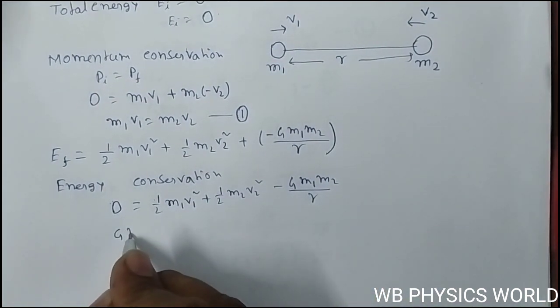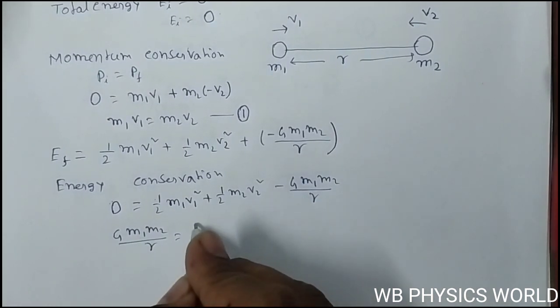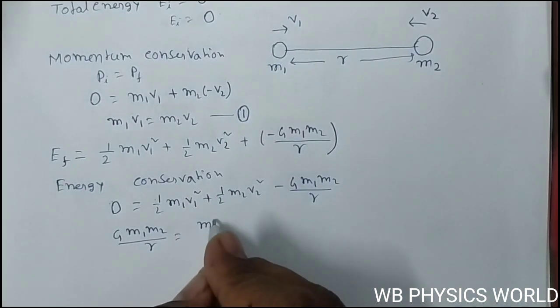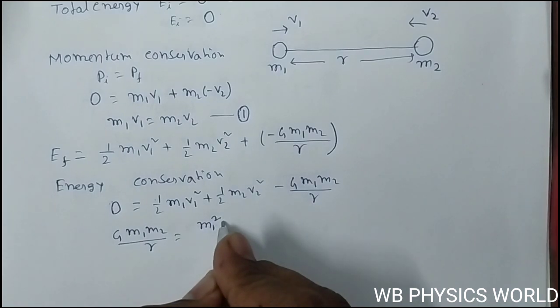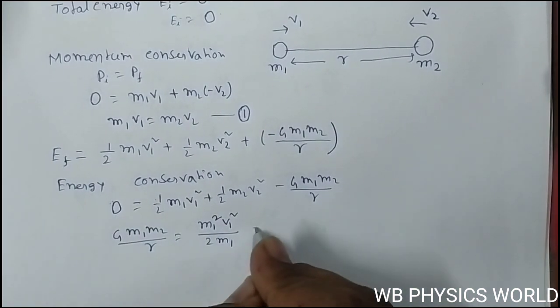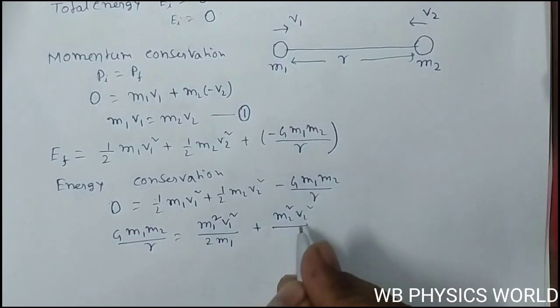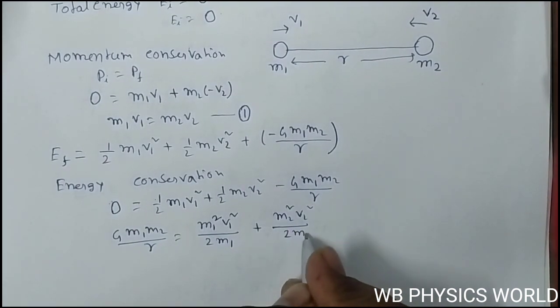So G m1 m2 by r equals, multiplying the first term by m1, m1 square v1 square divided by 2 m1, and for the second, m2 square v2 square divided by 2 m2.